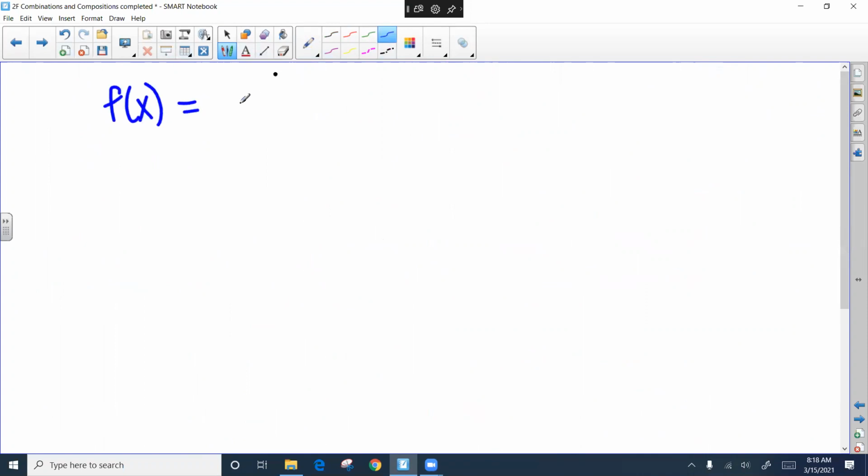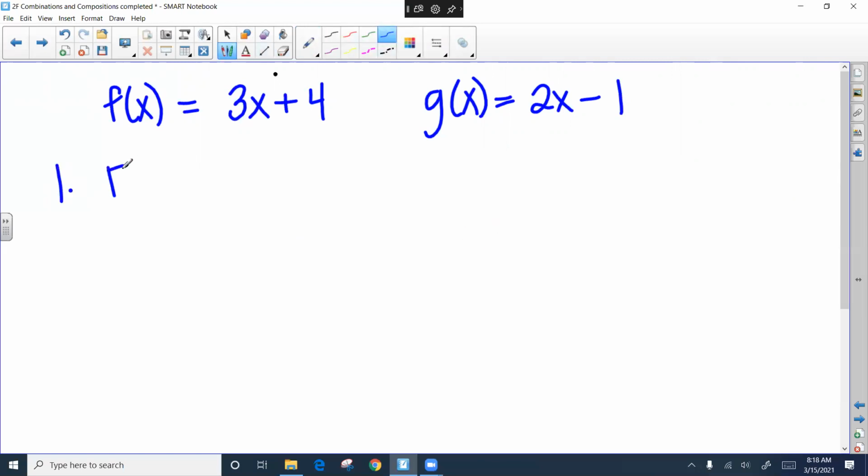All right, let's say we have f of x is 3x plus 4, and g of x is 2x minus 1. And the first thing I want you to do is I want you to find, I'm going to number it a different number.